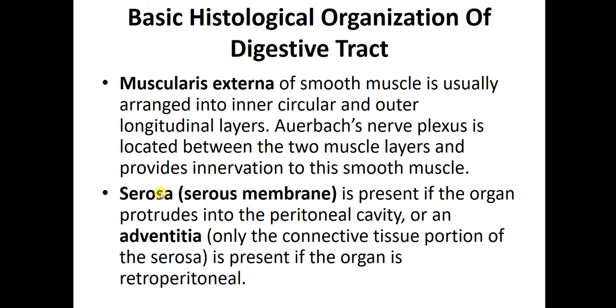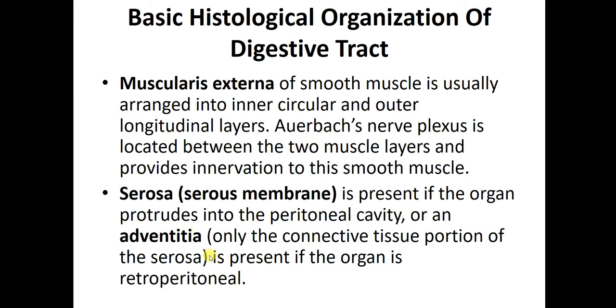Adventitia is a pretty thick connective tissue layer, but it's much looser, and that's why it connects different organs to each other. As I said before, adventitia doesn't belong to any particular organ. It's like a medium between different organs which connects them together.